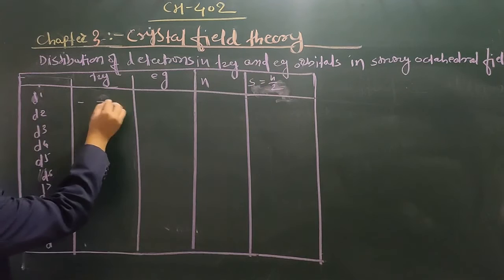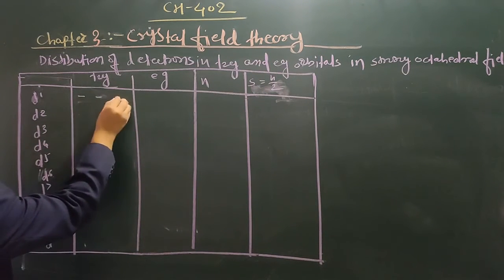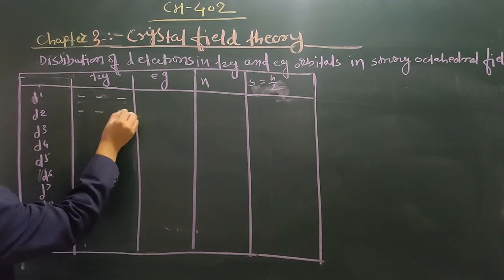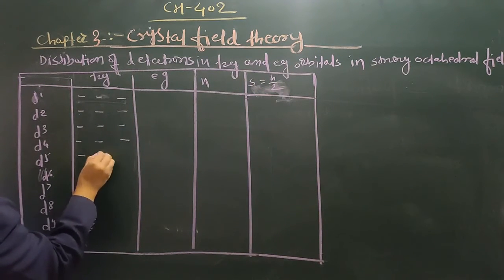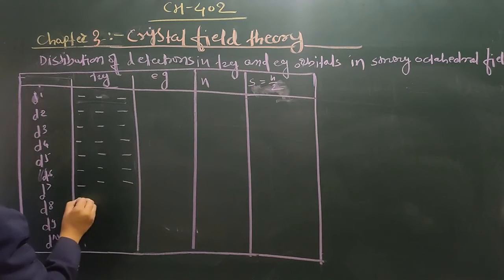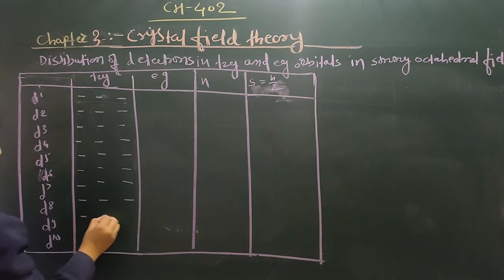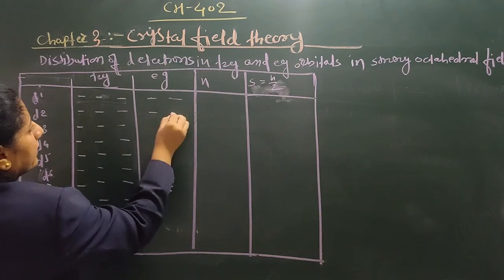For t2g there will be 3 orbitals, so we write these 3 orbitals first, and for eg there will be 2 orbitals, so we write those.